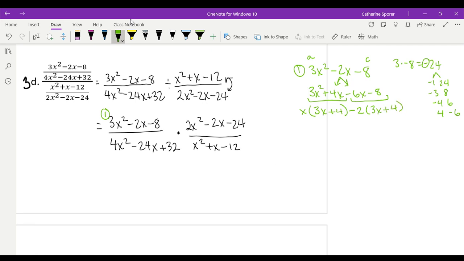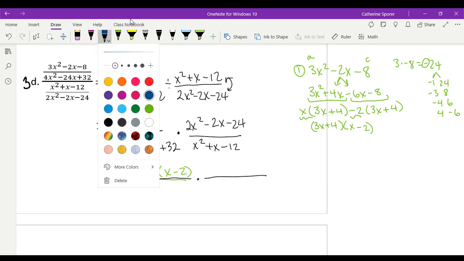So the factored form here is that 3x plus 4 that's shared multiplied by the two GCFs, x minus 2. Okay, so that's our first piece in the top left of this fraction. So it was right here in the top left, so I'm going to rewrite 3x plus 4, x minus 2.